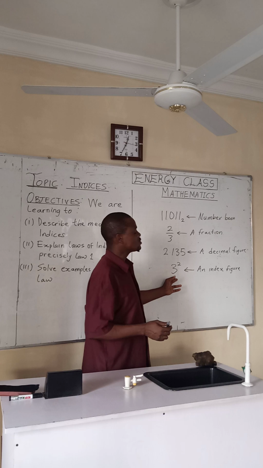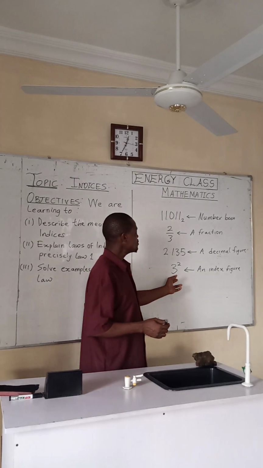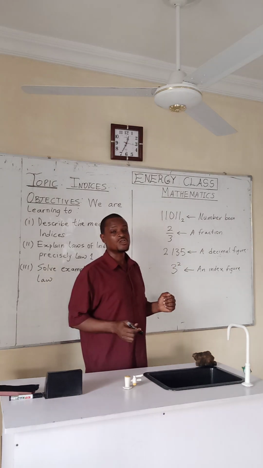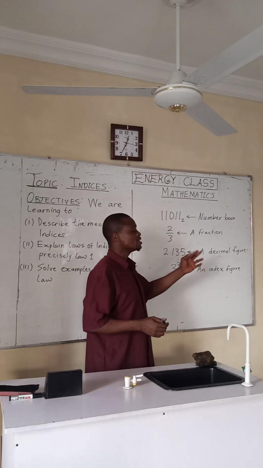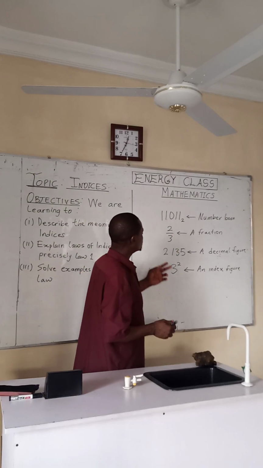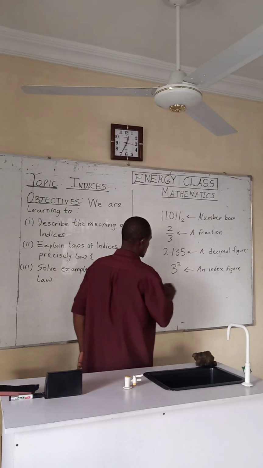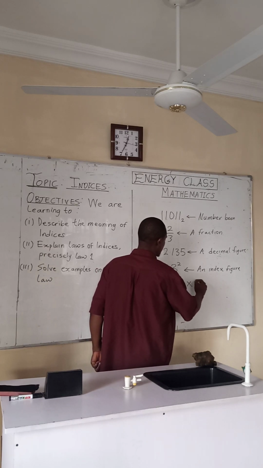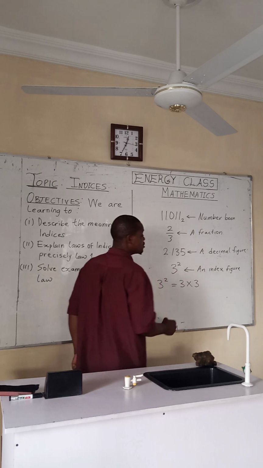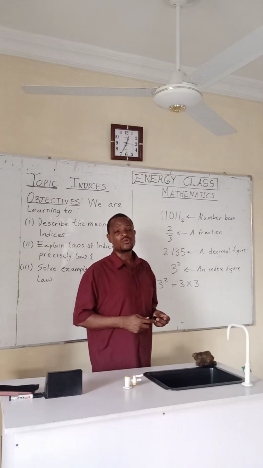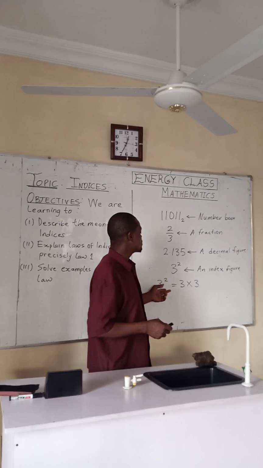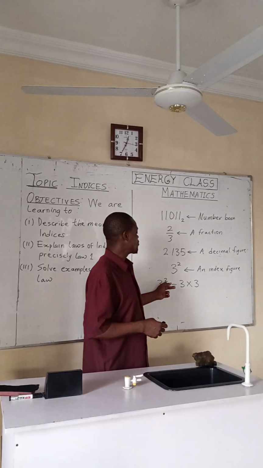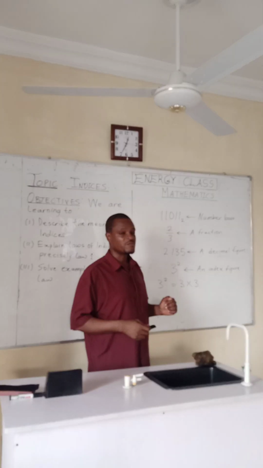Just like this, which is what we need today, a number like 3 raised to power 2 forms an index figure. That 3 raised to power 2 is formed by multiplying the same 3 in 2 places, and that is what forms this index figure.